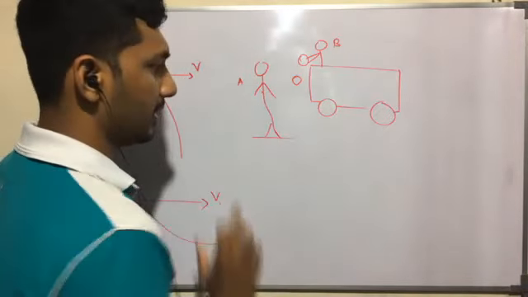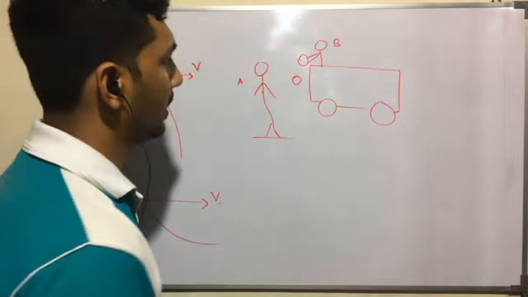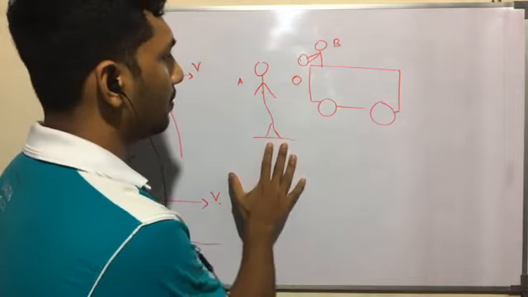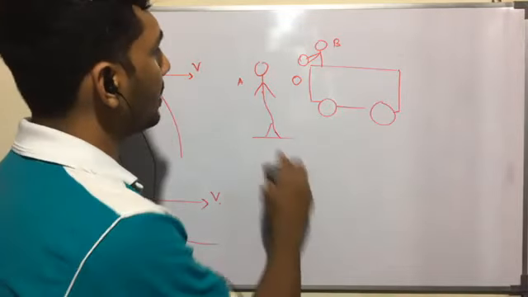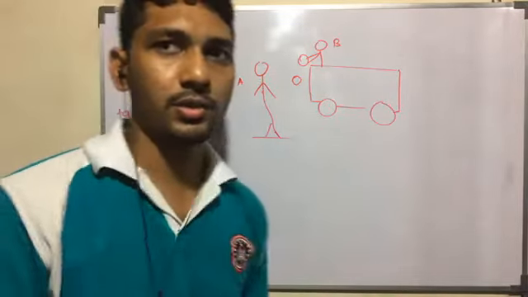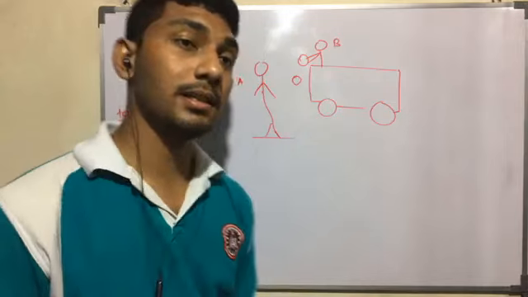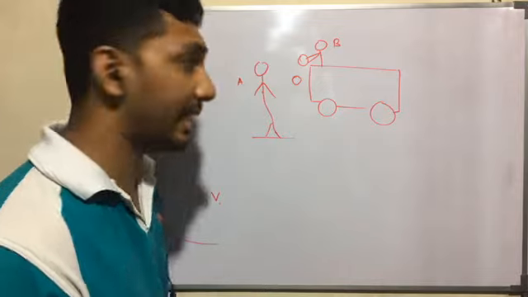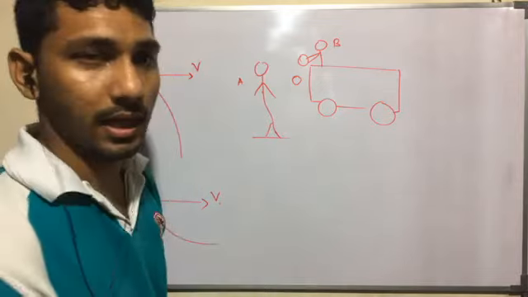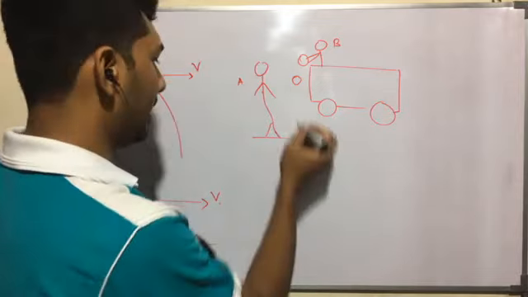So A is on a moving platform, B is on a stationary platform or frame, we can say. So relevant to these two frames, there will be different velocities and accelerations for this.